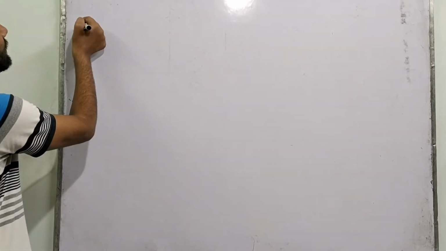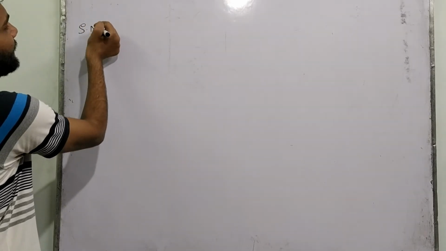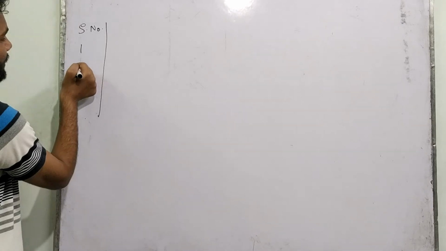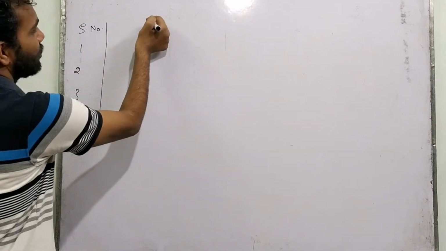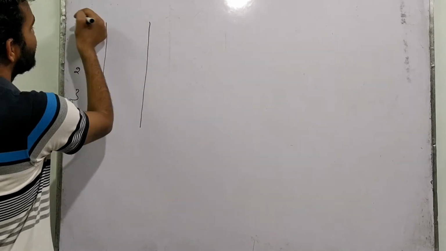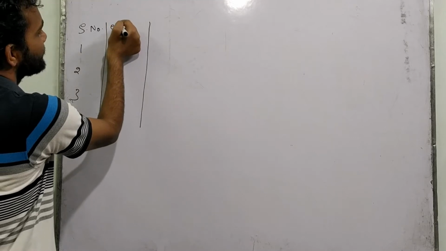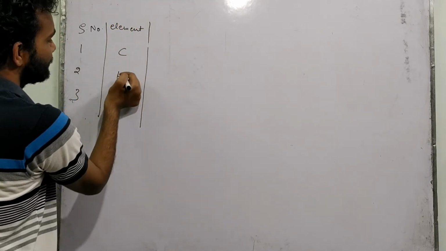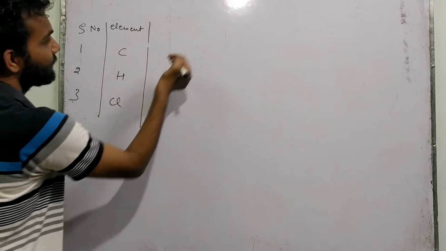A table like this. First of all, we will write serial number 1, 2, 3. Column 2, we will write the name of element symbol, carbon, hydrogen and chlorine.